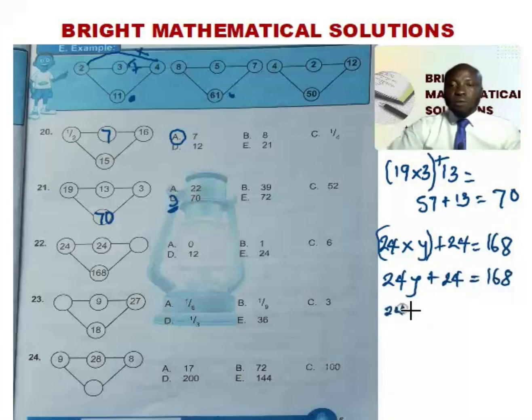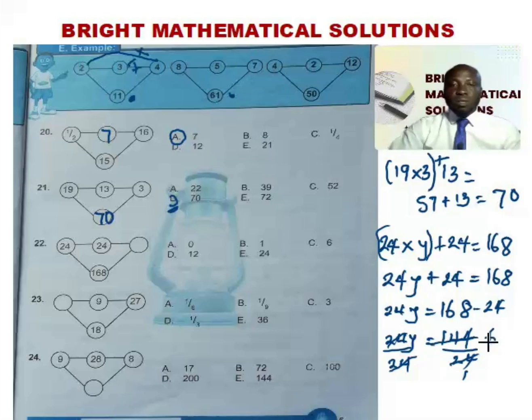Therefore, 24y equals 168 minus 24, that is 144. So if you divide both sides by 24, 24 in 24 is 1, and 24 in 144 gives you 6. So our answer is C. So C is the missing number.